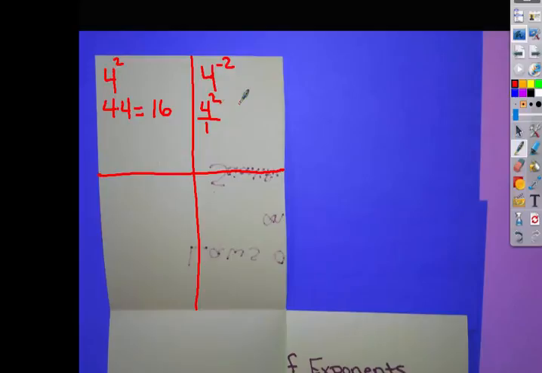I'm going to rotate it around. So now it's going to become 1 over 4 squared. So in this case now, by using the reciprocal, I can now make it positive. So now, when I actually square the 4, I end up with 1 over 16 as my solution. It started out as 4 to the negative second power.